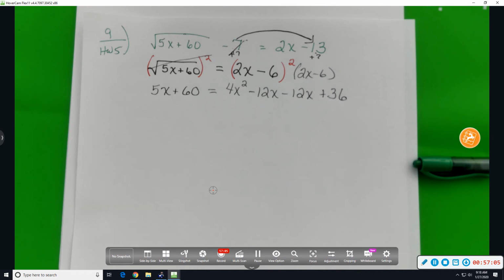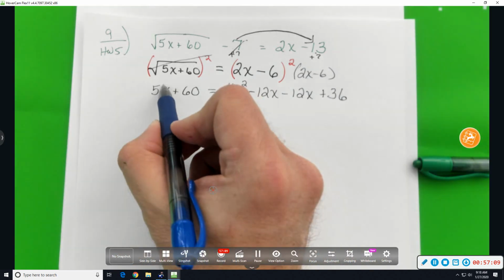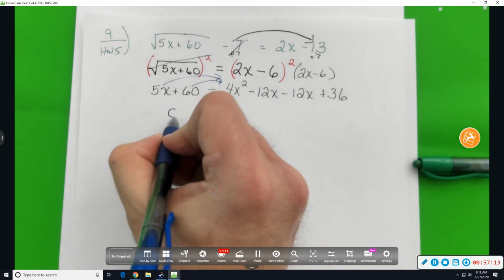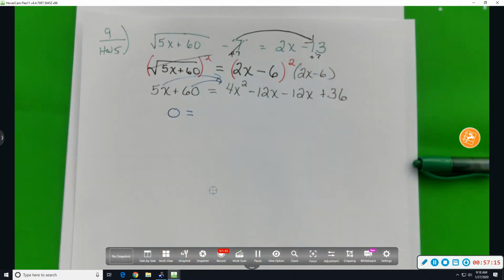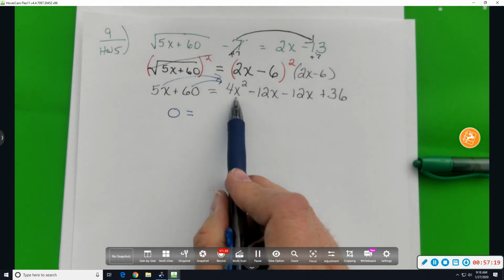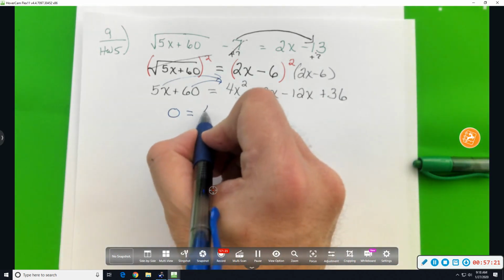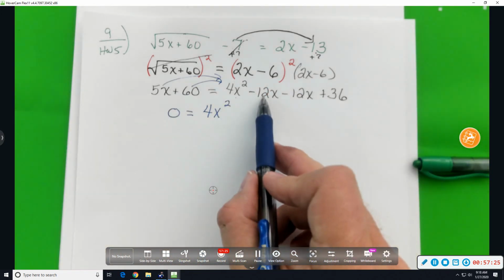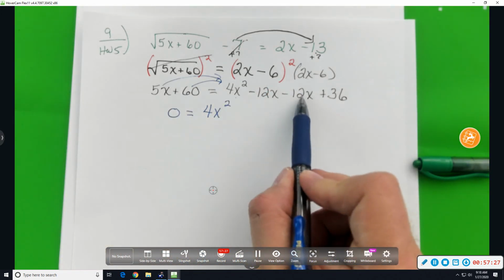Now let's see. Here's what I'm going to do. I'm going to move the 5x over and move the 60, so I'm getting a 0 on the left. Why? I like that x squared term to stay positive. So we have a 4x squared, a negative 12x, a negative 12x.